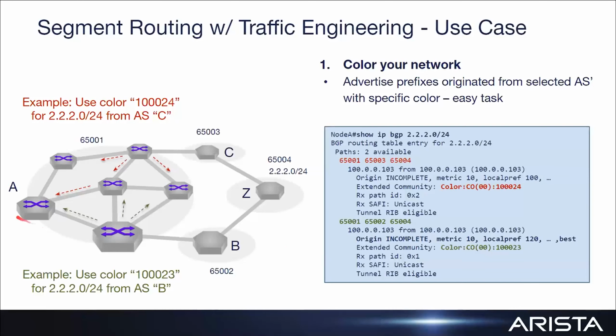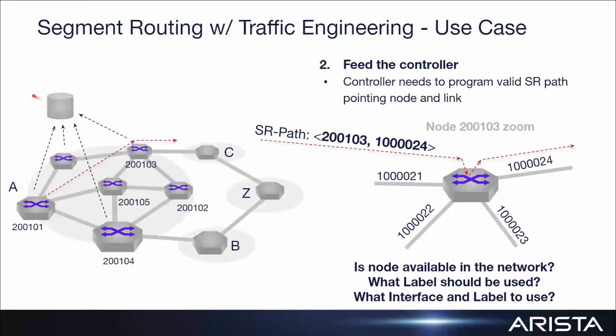So we are selecting transit B, transit A as B. If for any reason we want to push traffic through C, the controller should generate and push a valid SR path pointing to the right node and interface.